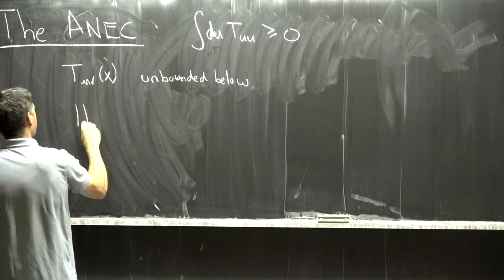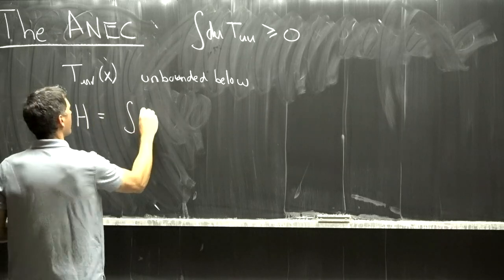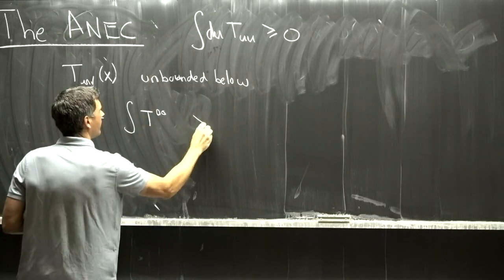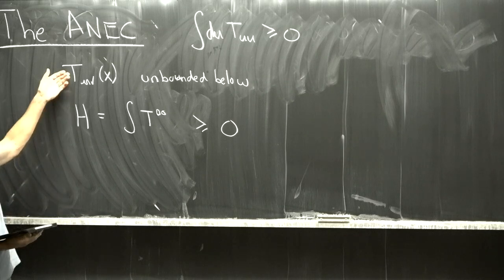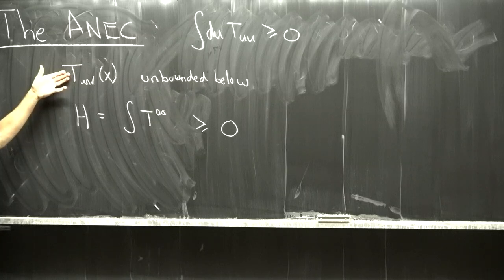Of course, if we integrate it to get the total energy, then that's bounded from below in a good quantum field theory. But the point is that locally, it can be very negative.